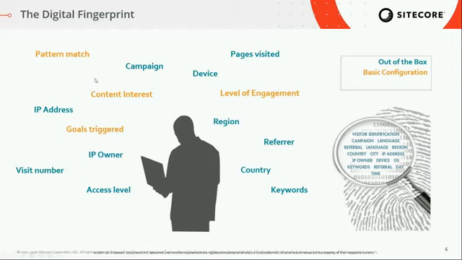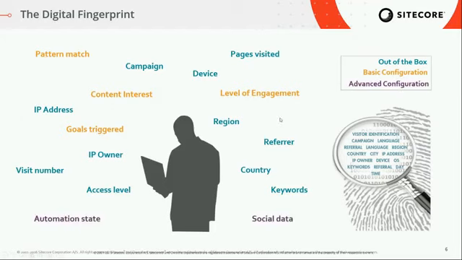So then we can create rules based on that pattern matching, the interests that they display for the content, goals that they trigger, whatever level of engagement they are in the cycle of possibly buying something, etc. So it does require a little bit of configuration. You can do that with most of your marketing tools.